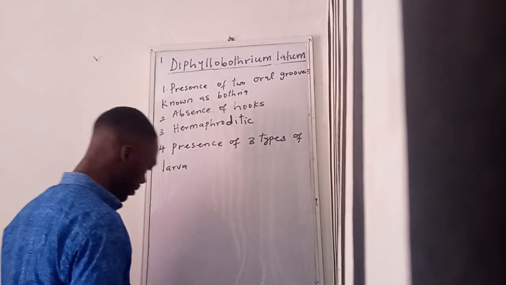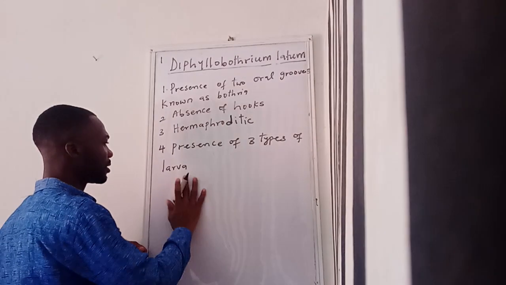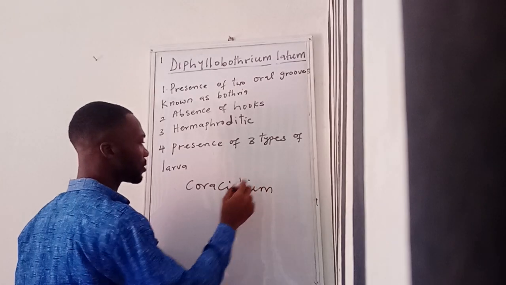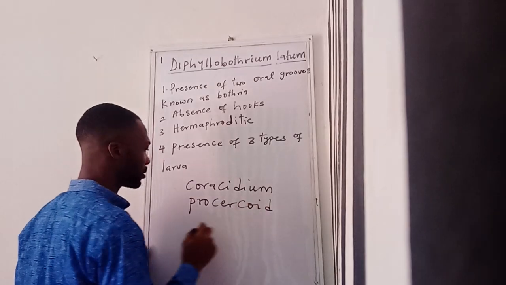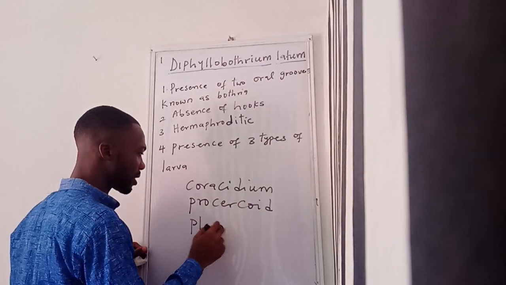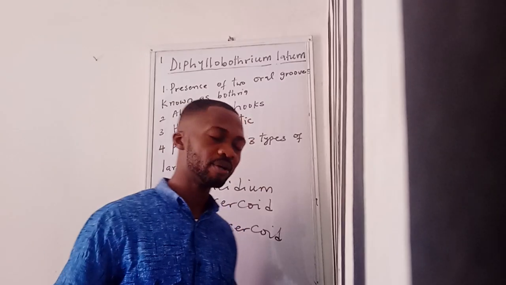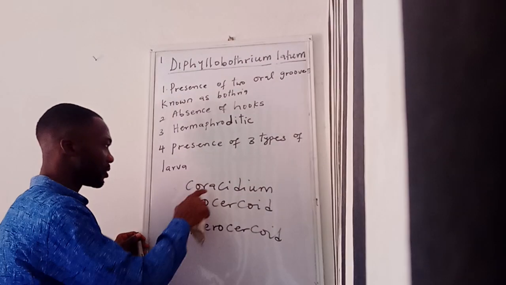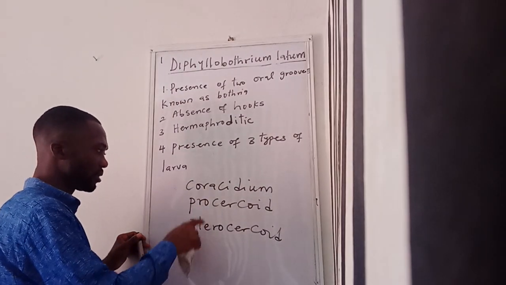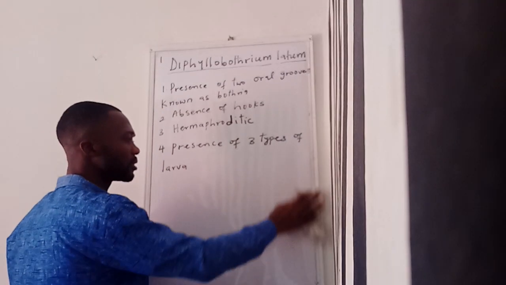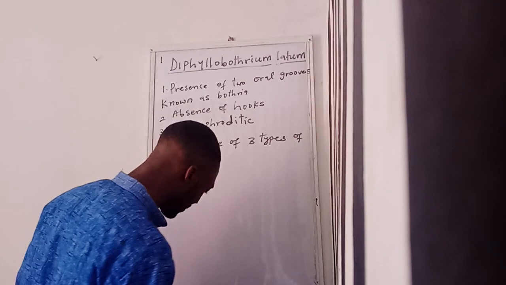The first is the coracidium, then the prosarcoid, and then the pleurosarcoid. These are the three types of larvae you can see in Diphyllobothrium latum: the coracidium, prosarcoid, and pleurosarcoid. I'll mention more about these when we come to the life cycle.